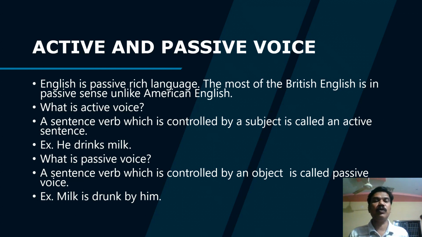A sentence whose verb is controlled by an object is called passive voice. Milk is drunk by him. See, the verb is controlled by the object of the active sentence. Therefore, the active verb is controlled by the subject and the passive verb is controlled by the object. That's the difference between active and passive voice.